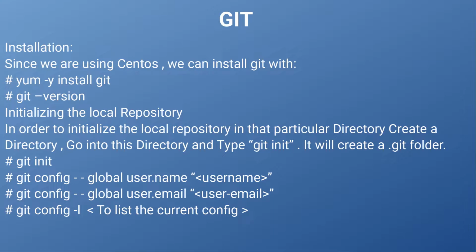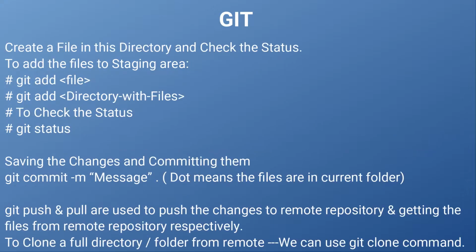Once you have initialized Git, then you need to give certain parameters with the --global option, and these are global parameters where you need to mention the username, then the user email, and once you have provided these parameters, you can always check with the git config -l command, which will list the current parameters.